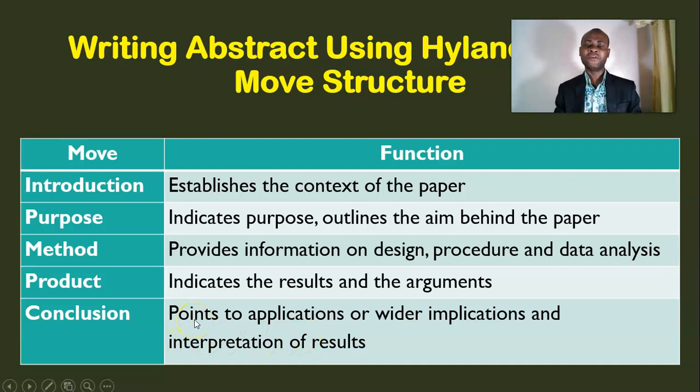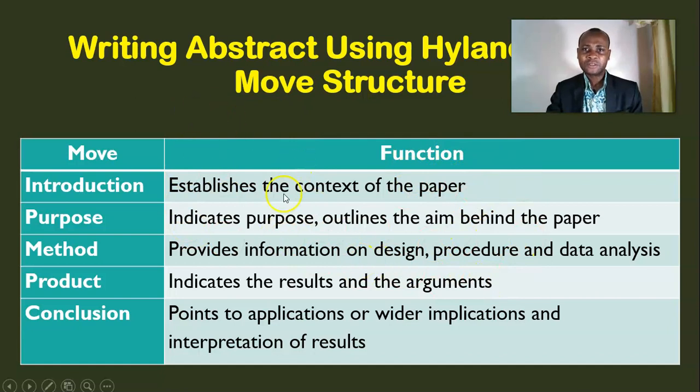So if ever you are confused, what should I write in my abstract? I don't know. You can go back to this structure, and this table here will tell you what to include in every component of the abstract. It will tell you clearly what you need to include in every component.